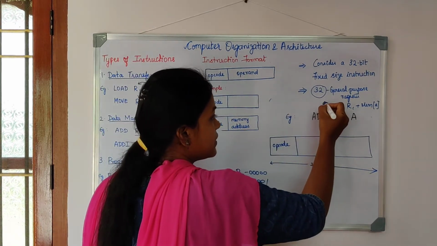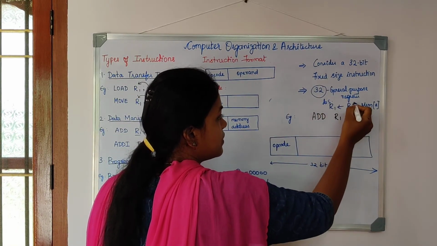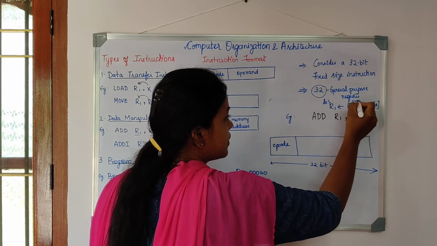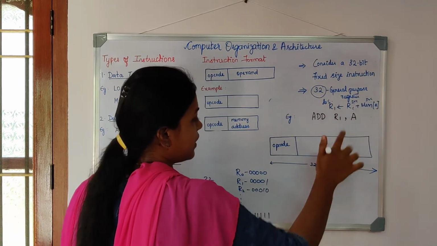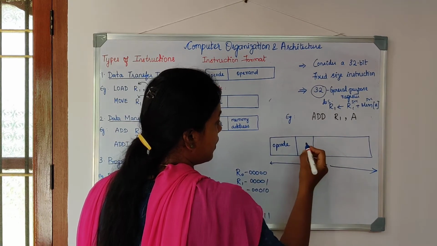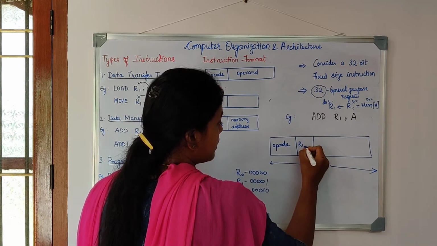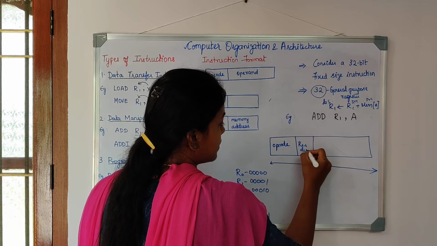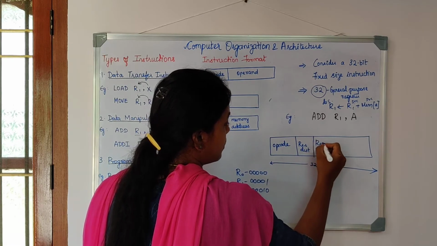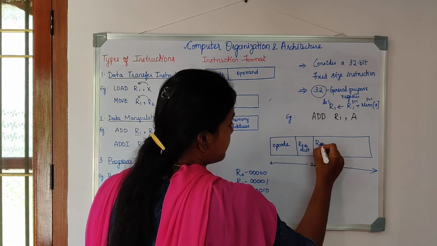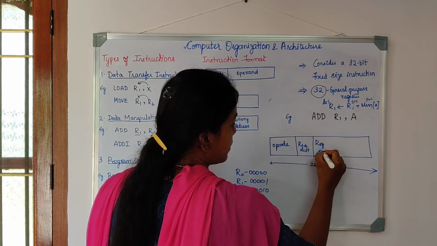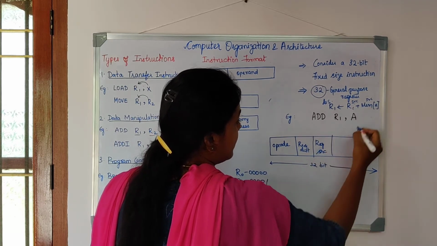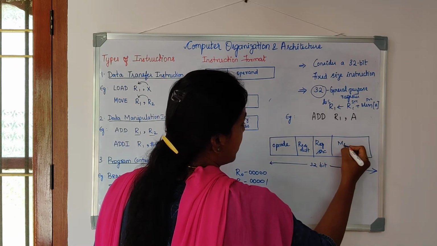So this is your destination register, this is your source register, and this is also your source. So 3 addresses can be mentioned. One is for the destination register, the destination has to be mentioned. The other is also a register, the source, and the memory location. So this is a memory address.